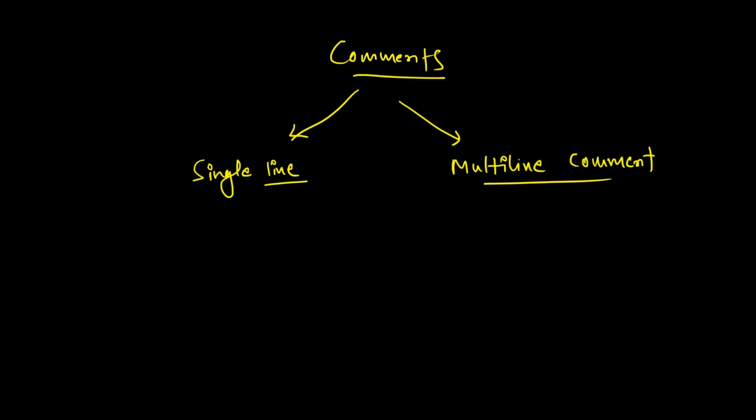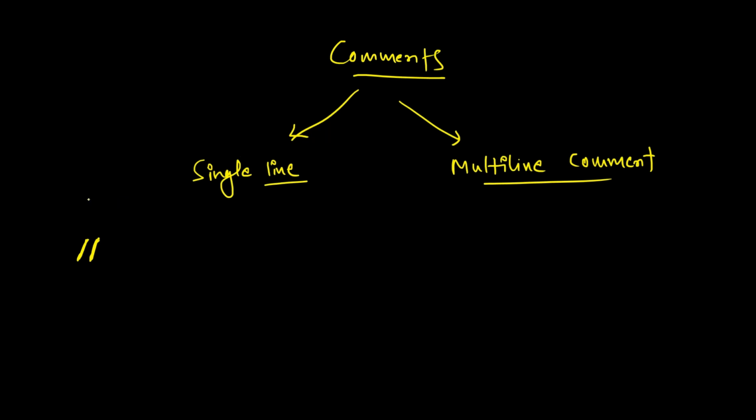The first one is the single line comment, and the second one is the multi-line comment. C supports these two different types of comments. In a single line comment you have to use two forward slashes to write the comment in the program section.